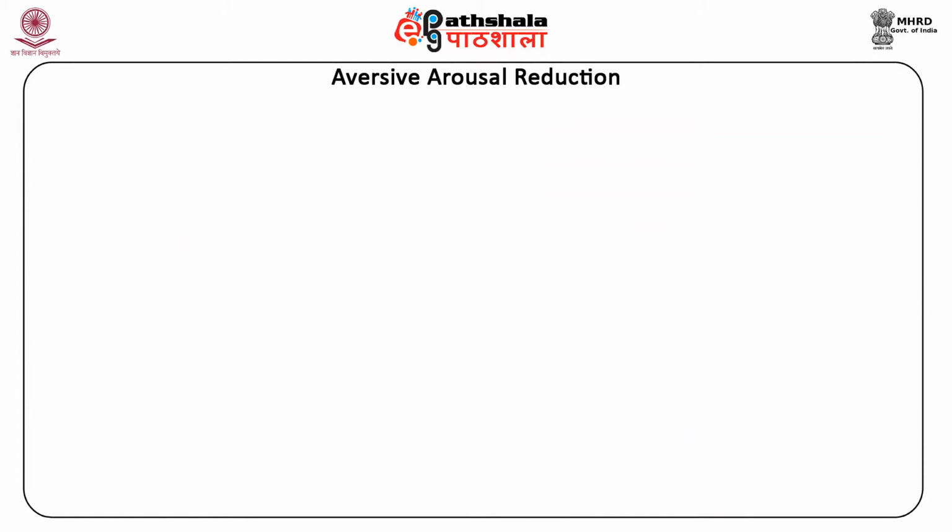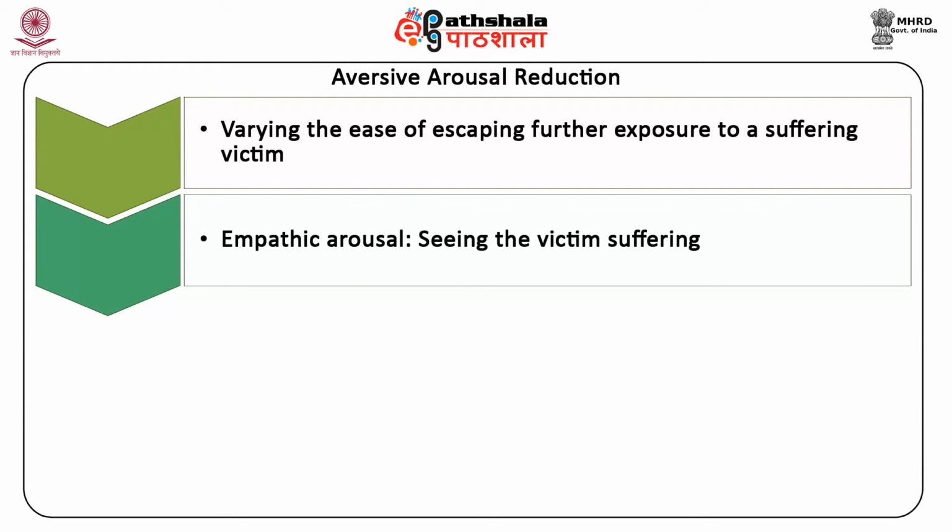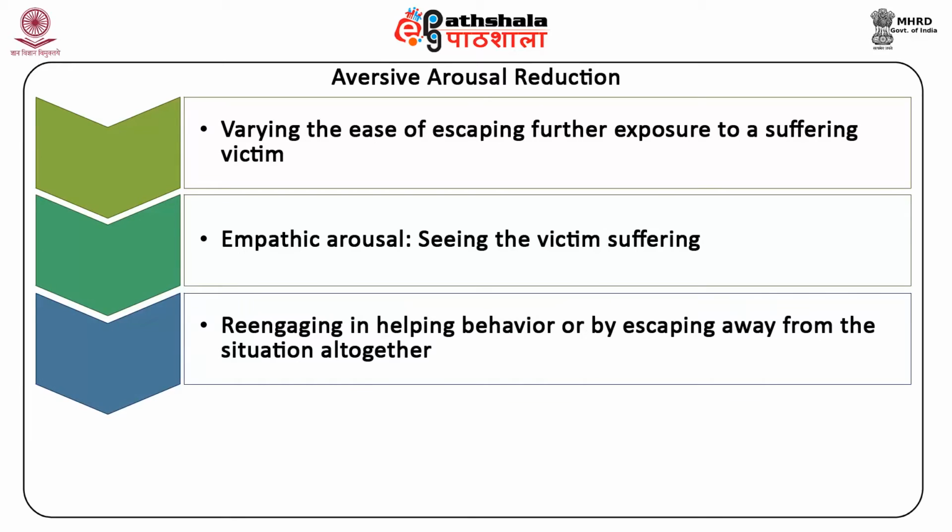The experiments testing this against the empathy altruism hypothesis do so by varying the ease of escaping further exposure to a suffering victim without helping. Since it is put forward that empathic arousal is a result of seeing the victim suffering, one can reduce this arousal by either engaging in helping behavior or by escaping from the situation altogether.